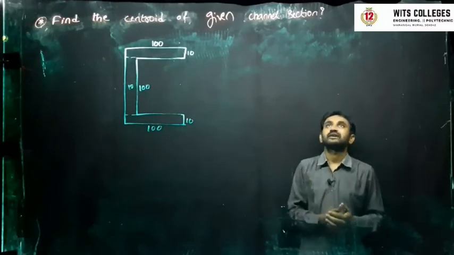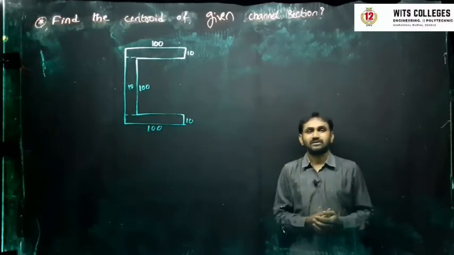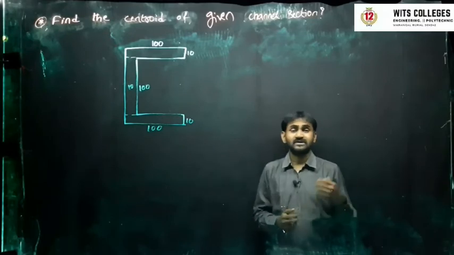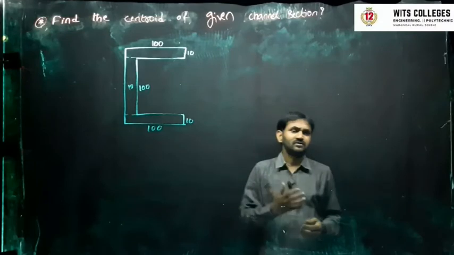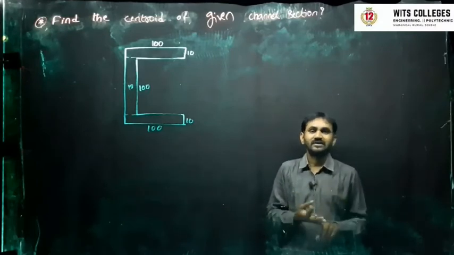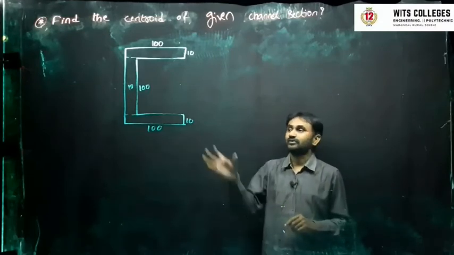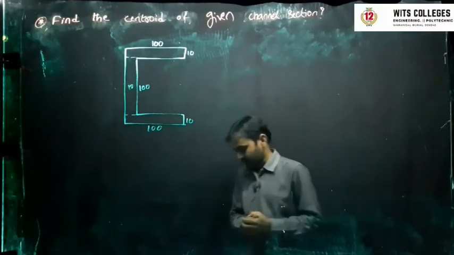Find the centroid of a given channel section or C section. In your question paper, that may be a C section or channel section. The section is given like this. Previously we have seen T section, L section, I section, and flanged I section, and now we are going to see channel section, right?